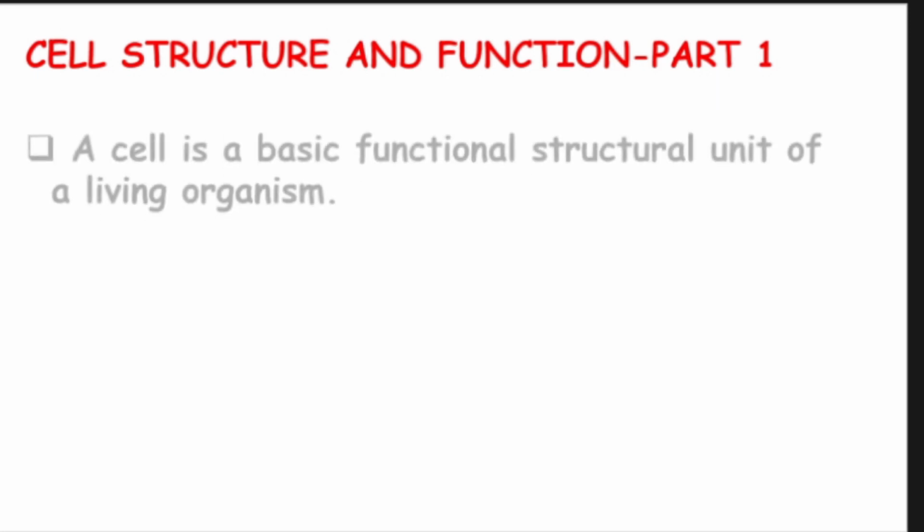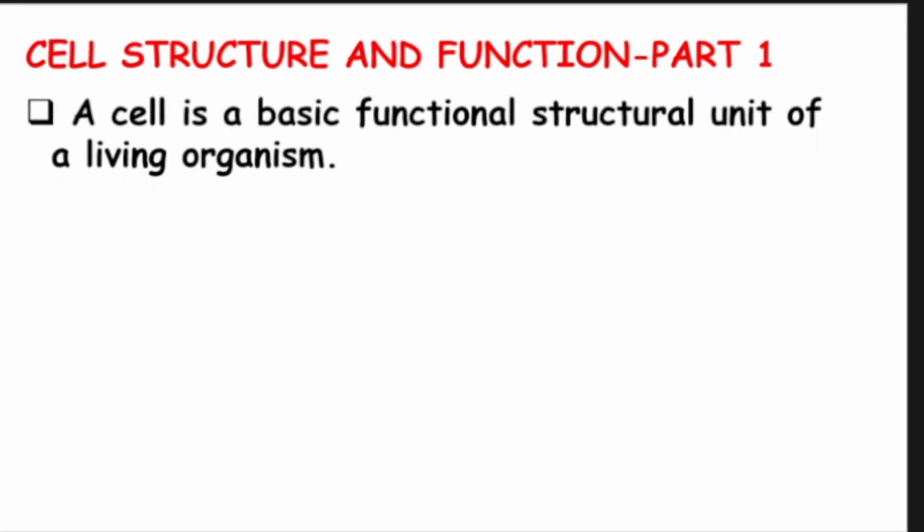So in this section, to begin the lesson, we have to define first of all what a cell is. A cell is a basic functional structural unit of a living thing. All living organisms consist of cells.